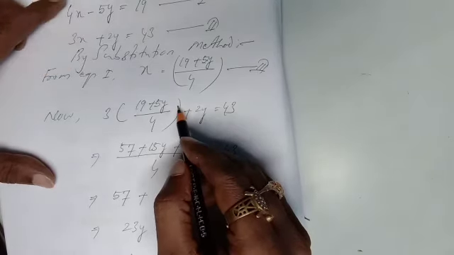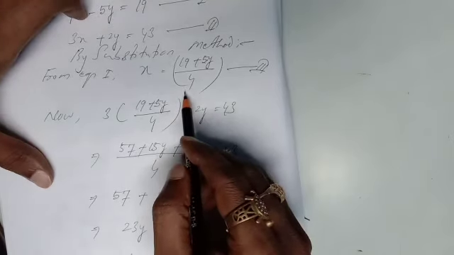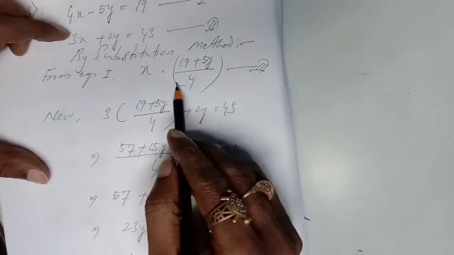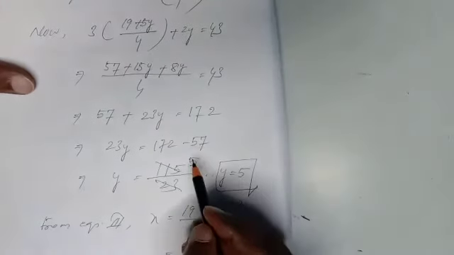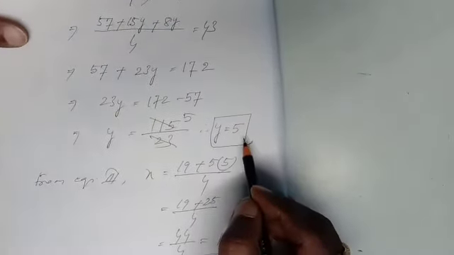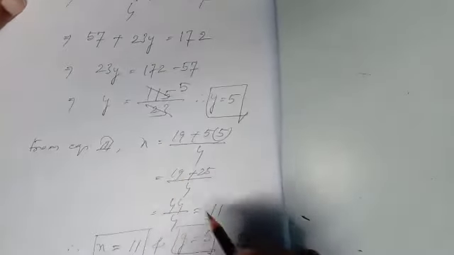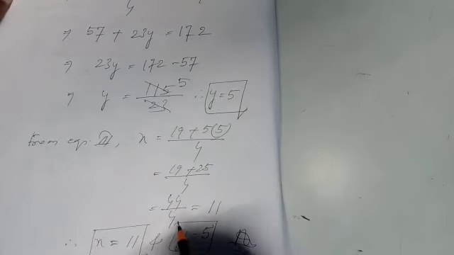From equation 1 I found the value of x, that is (19 + 5y)/4, and that value of x you have to substitute in equation 2. Then you get y = 5, and putting the value of y in equation 3, you will get the value of x. In this way I am getting the value of x and y by the substitution method.